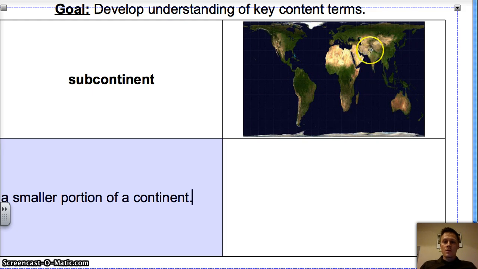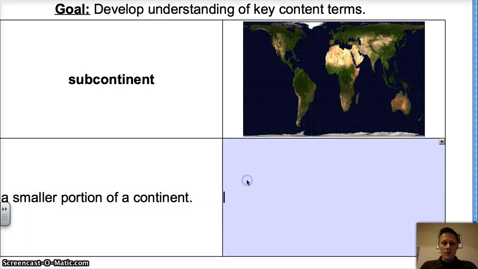There's also some barriers that separate it from the rest of Asia. So oftentimes when we talk about India, we talk about it being a subcontinent, a smaller portion of the bigger continent. So if I was going to write a sentence, I would say India is a subcontinent of Asia.